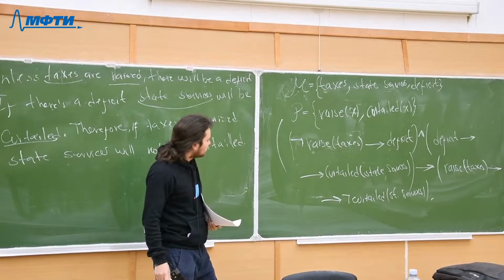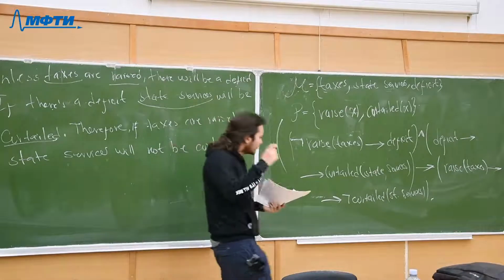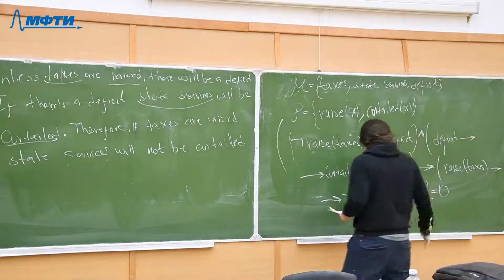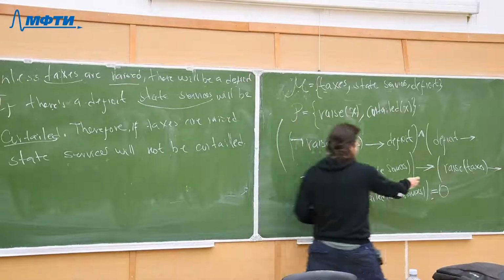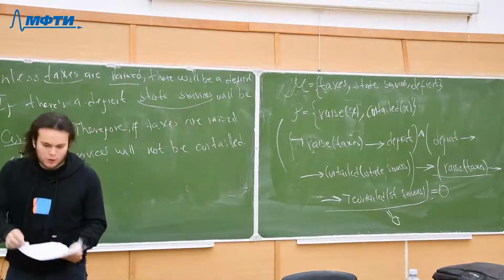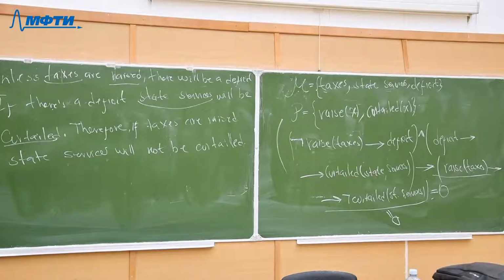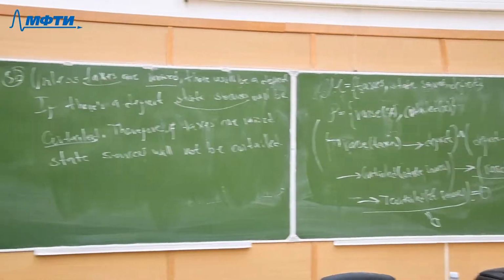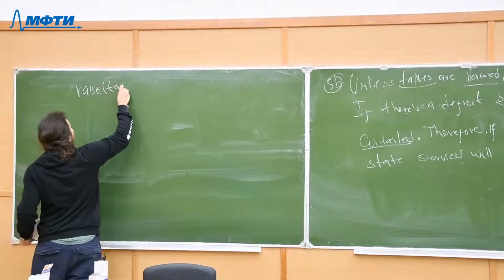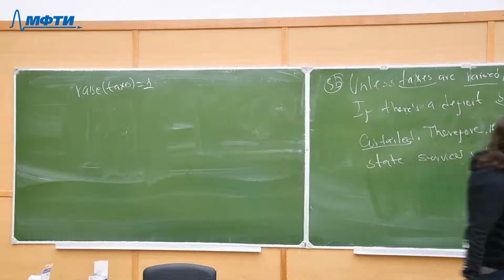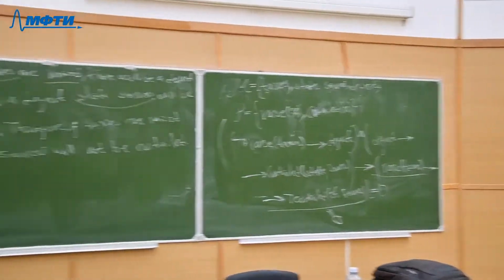So again, what do we need to do here? Let's check if this is false. Then all this has to be false. And then what do we obtain? If this is false, then this is true, and then the state services are cartelled.